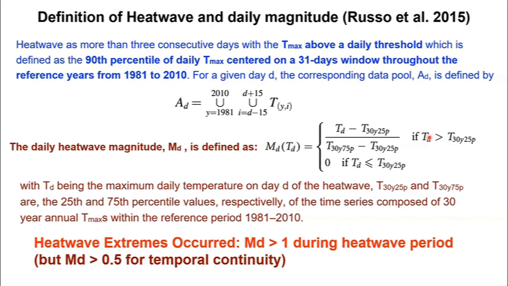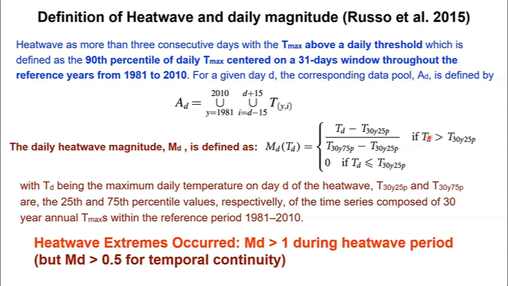Then this daily magnitude is just the daily temperature, using that to contrast the 25 percentile of 30 years of annual maximum temperature. If your daily temperature is higher than that, then you have some value. If lower than that, it's zero in terms of daily intensity.